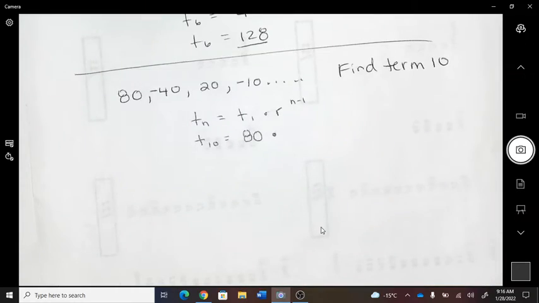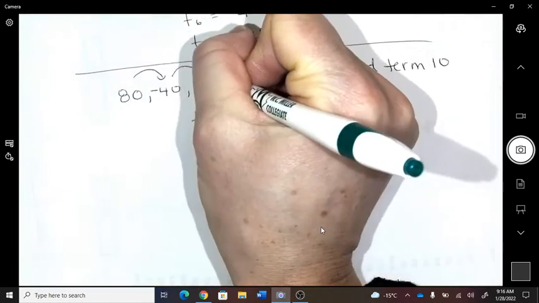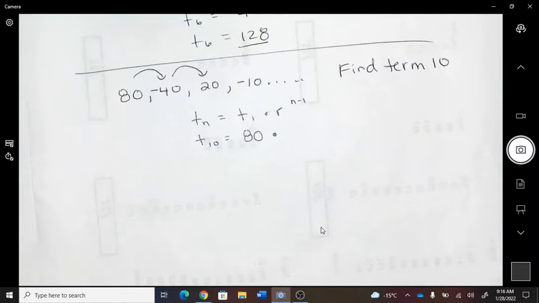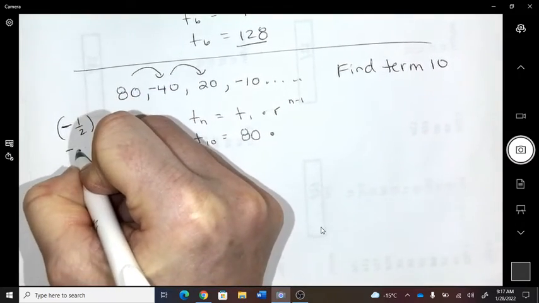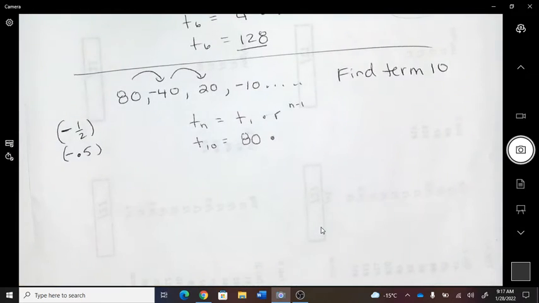What is our R? What are we multiplying by? Negative 0.5. Negative a half, or negative 0.5, whatever you like to think of that as.